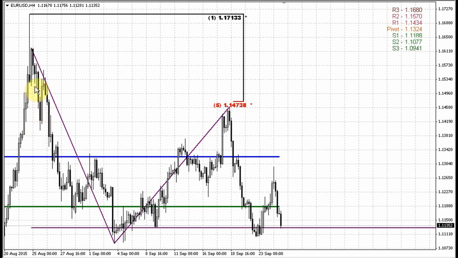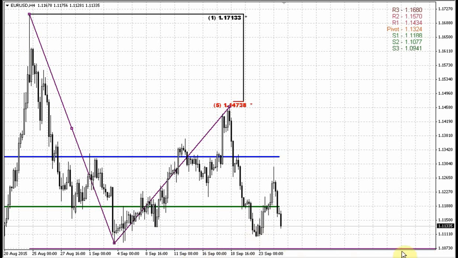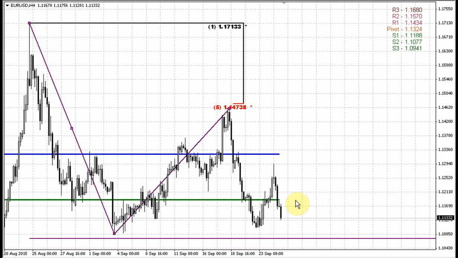But we also have another A point, the major A point. I call this major not because of the importance, but because of the absolute top here. So if we take this point as the ABC, we will get another target. This will be slightly lower, approximately 11070, and that is the tricky moment here.